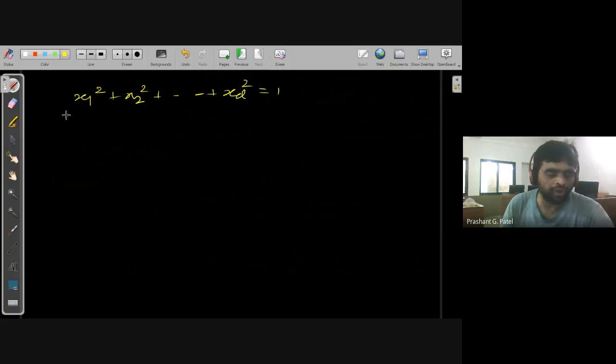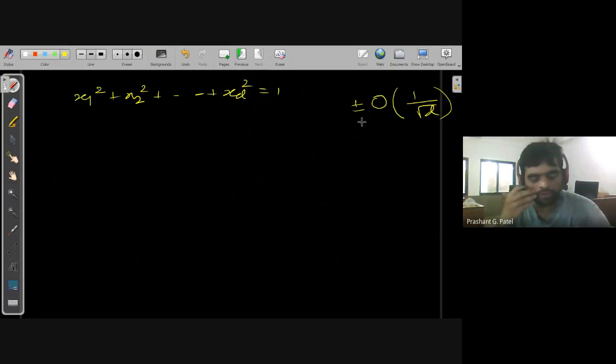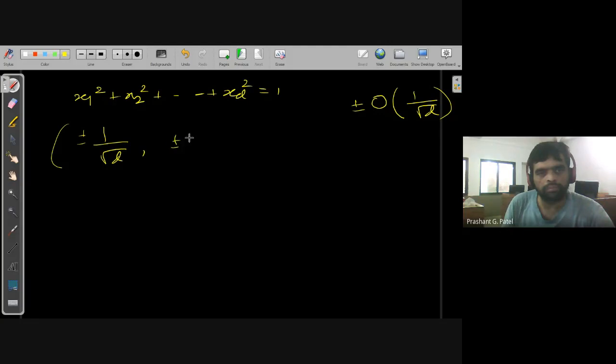So for each coordinate, the typical value is plus or minus big O of 1 by square root of d. In fact, it is often helpful to think of picking a random point on the sphere as being very similar to picking a random point from this vector.